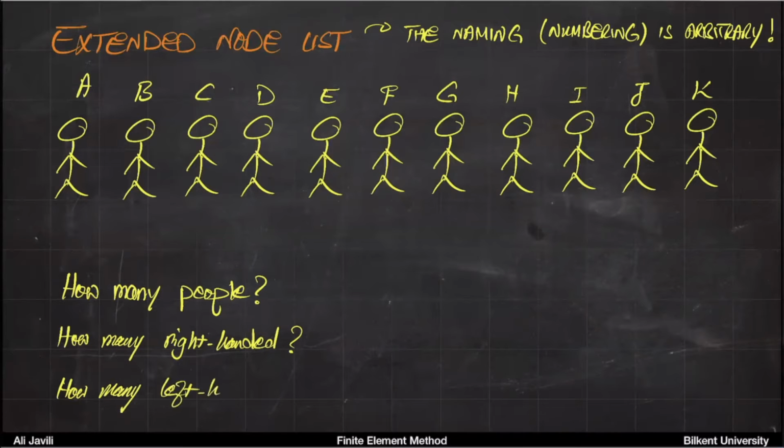And that's not all of it. We also want to assign a number to each right-handed person and assign a number to each left-handed person, such that once they know their numbers, they can switch their places, and all the right-handed people come to the right-hand side, and all the left-handed people go to the left-hand side.